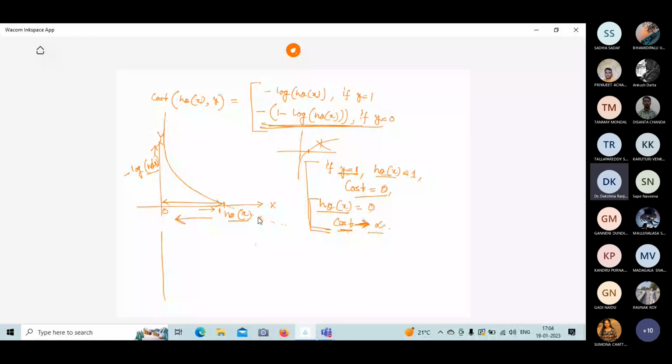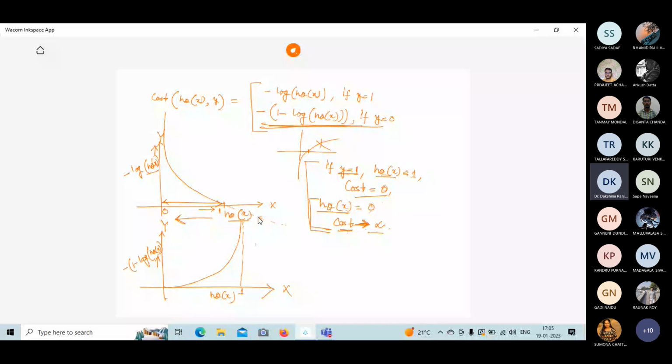Here on the x-axis we represent h theta x, and on the y-axis we get minus log of 1 minus h theta x. Now we will get the cost function curve like this, and this is our 1.